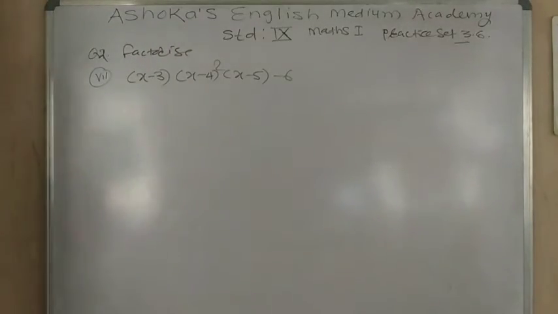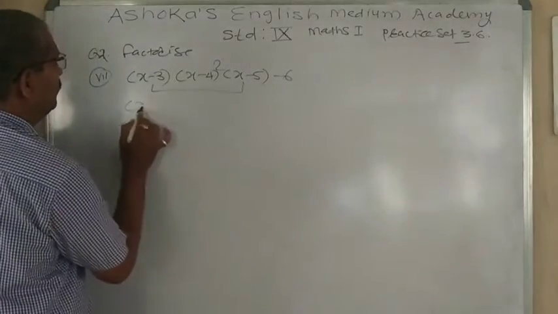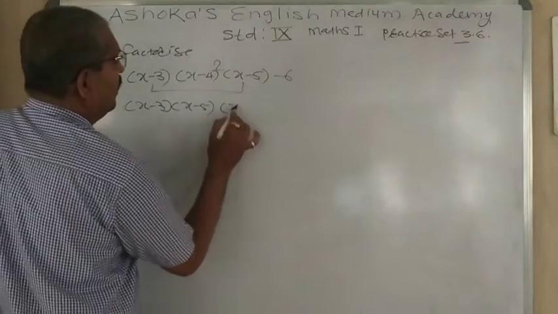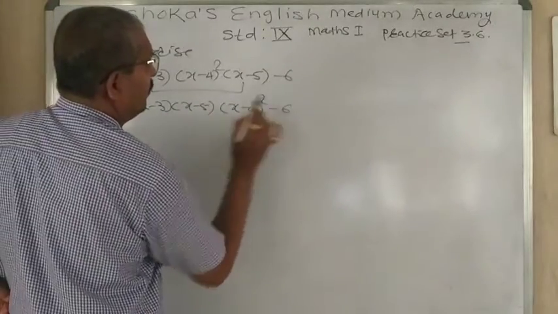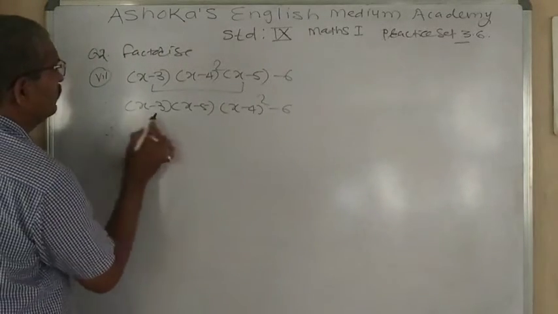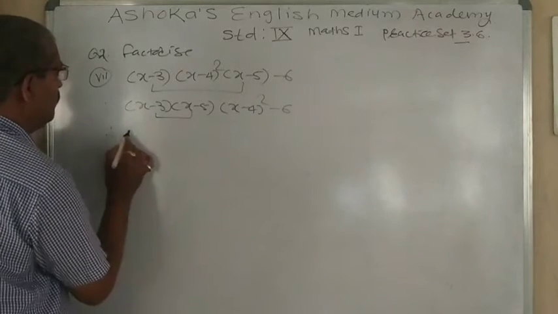Now what will you do? We will do multiplication of these two terms: x minus 3, x minus 5, x minus 4 bracket square minus 6. Now do multiplication of this.